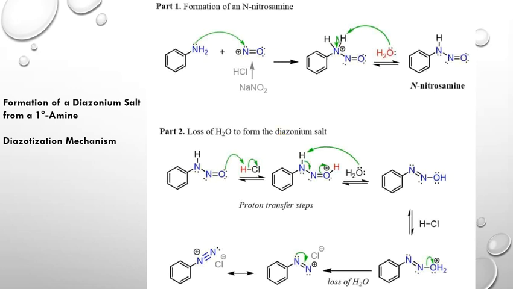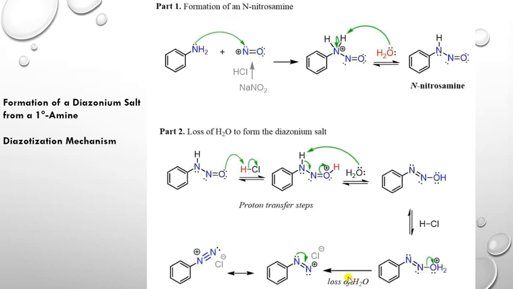This happens by proton transfer steps, a tautomerism between the intermediate to give a hydroxy substitution. This hydroxyl is in the acidic medium from hydrochloric acid, so it will be protonated by HCl to give OH2 plus, which is a good leaving group.